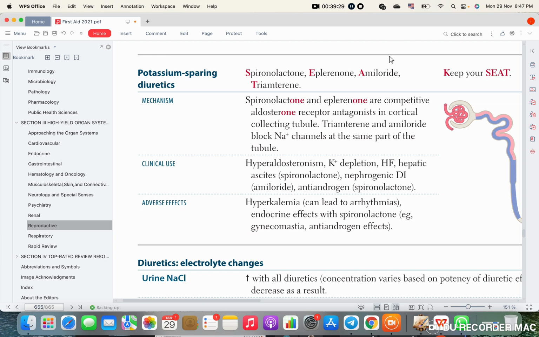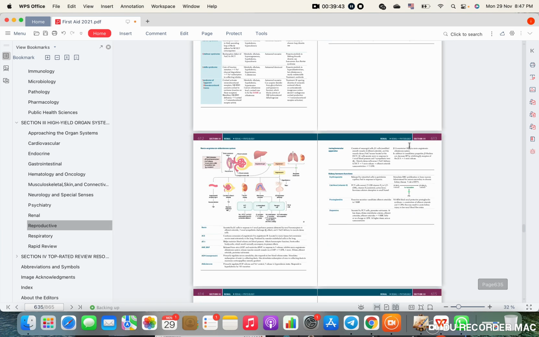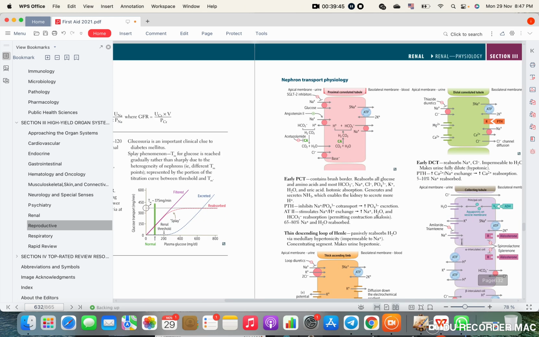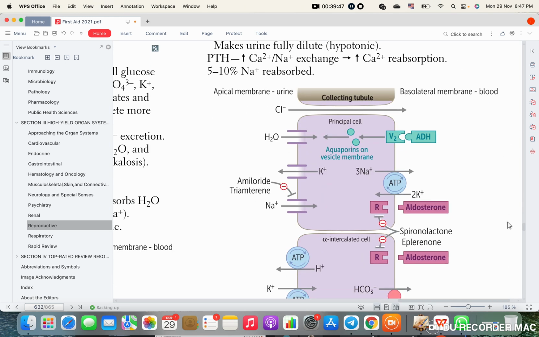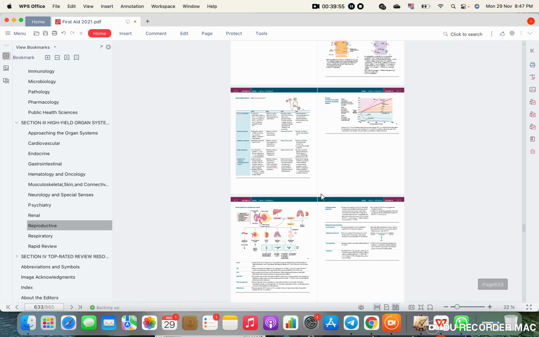So basically, triamterene and amiloride block which channel? The ENaC channel, while spironolactone and eplerenone, the ones that end with 'one', work directly at the aldosterone receptor. I advise you to master this picture. I told you, print it, put it somewhere. So, spironolactone and eplerenone at the aldosterone receptor, amiloride and triamterene at the ENaC channel. Okay, next.